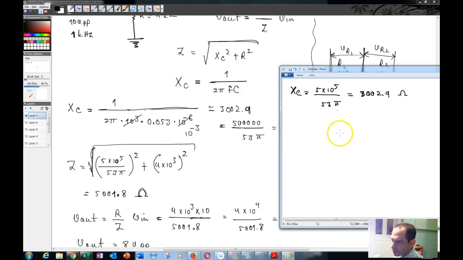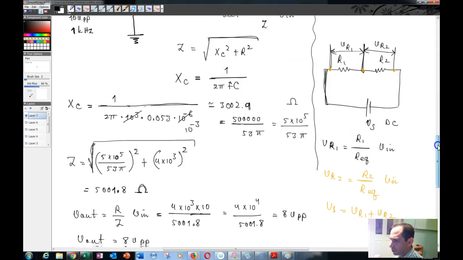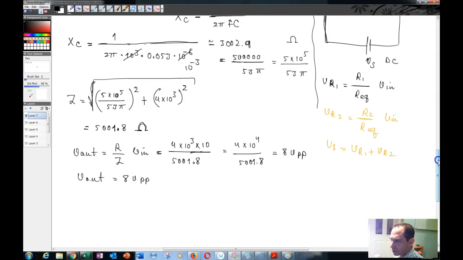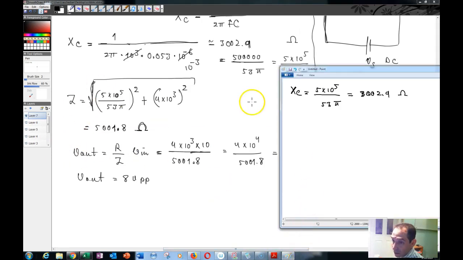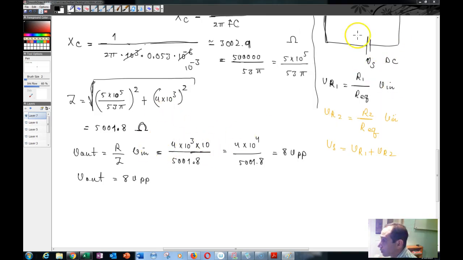And my z was basically 5001.8 ohm, and your V of out was equal to 8 volts peak to peak. So now you don't have to keep looking for things over here.